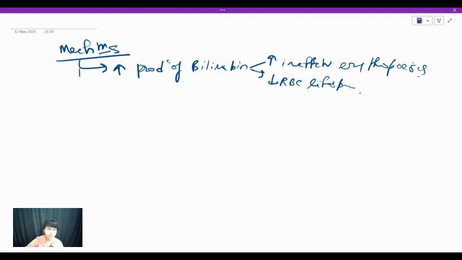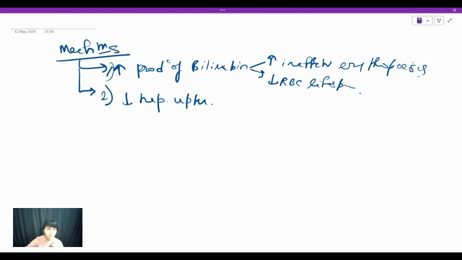Next mechanism is, if you have already read the bilirubin metabolism, this is going to be very easy for you, students. So the next mechanism is reduced hepatic uptake.